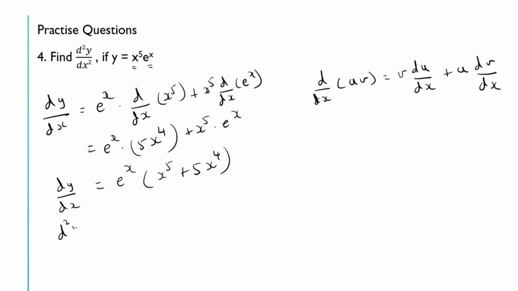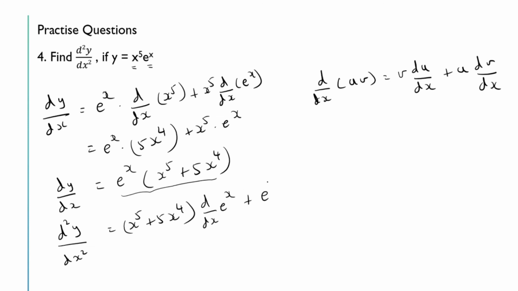Now d square y by dx square is the derivative of this function. Again we have to use the product rule. So it is x raised to 5 plus 5x raised to 4 into d by dx of e raised to x plus e raised to x into d by dx of x raised to 5 plus 5x raised to 4.